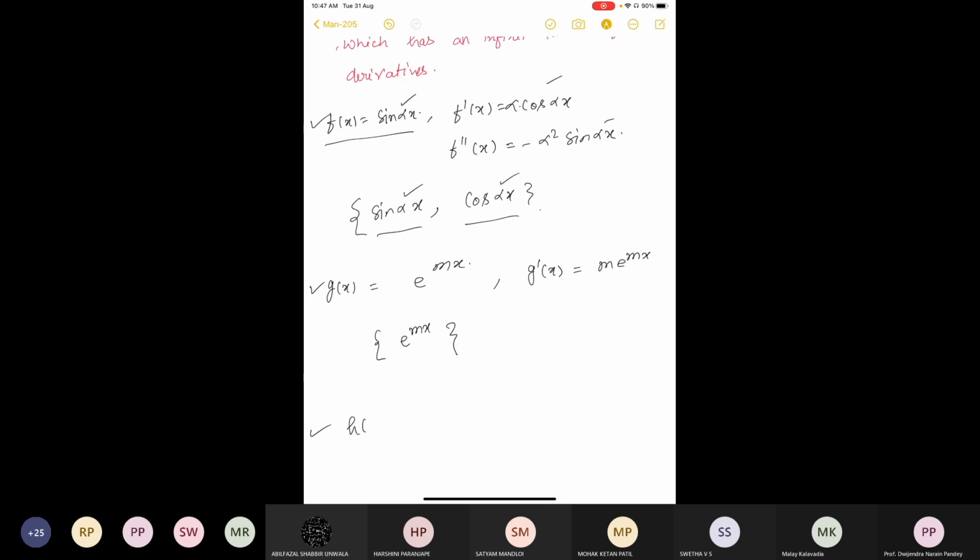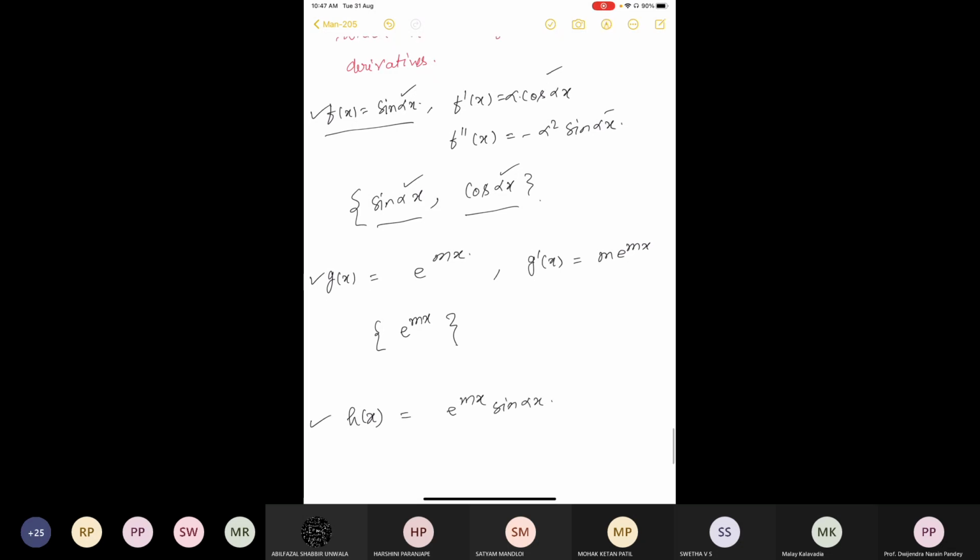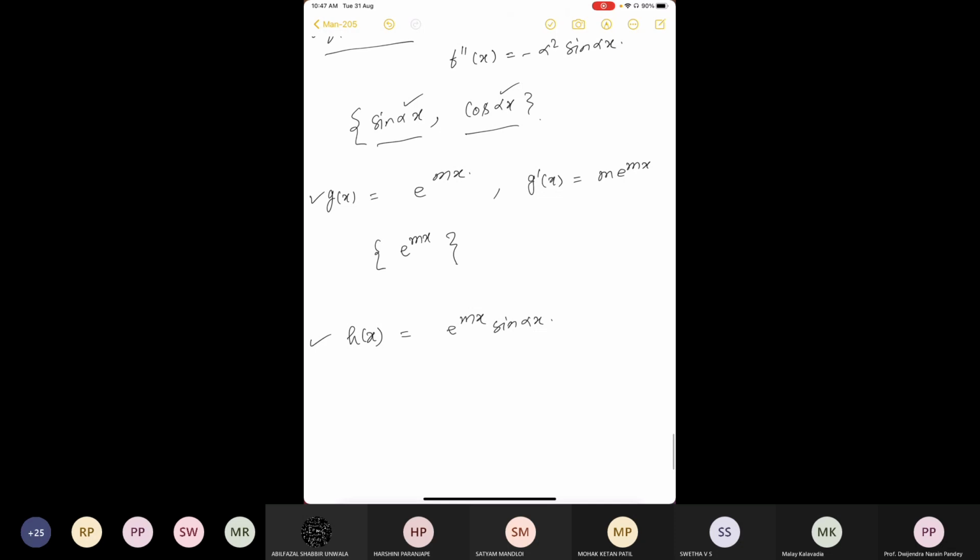And now we look at h(x) equal to e to power mx sin(alpha x). You can write it like this also. Now, can you find out what the derivatives of these are?